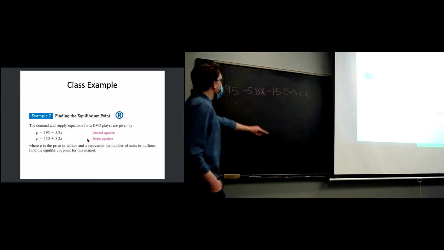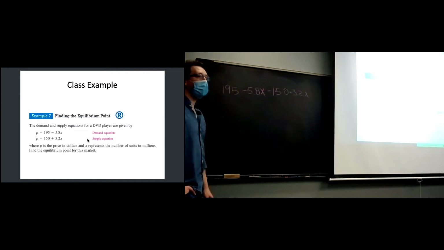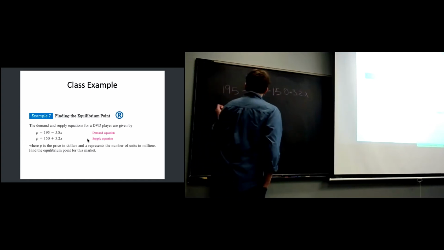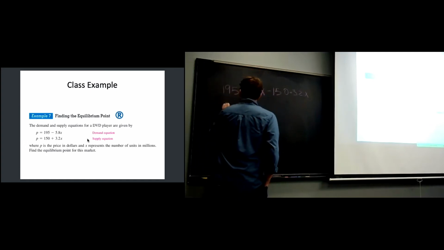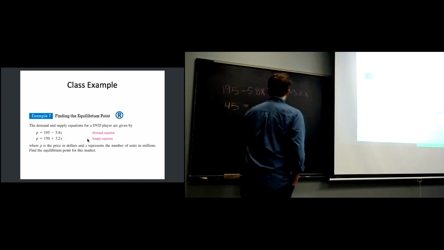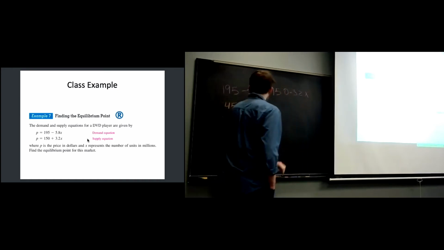I would suggest adding 5.8x to both sides and subtracting 150 from both sides. So when we do that, we're going to get 45 is equal to, it looks like, 9x.